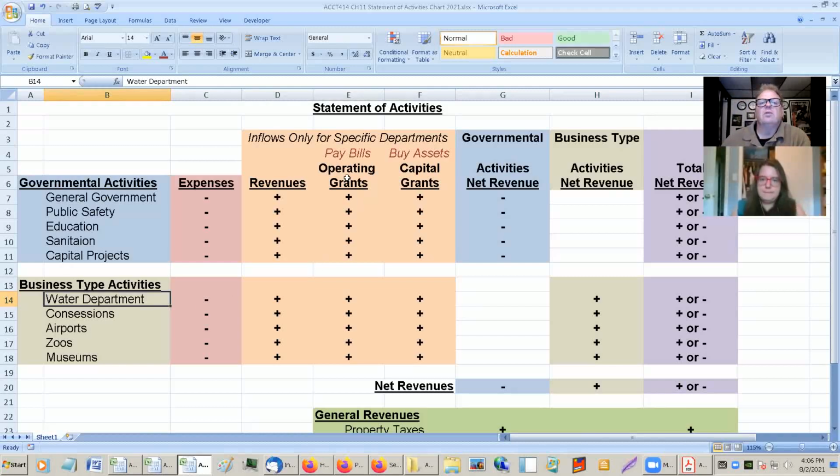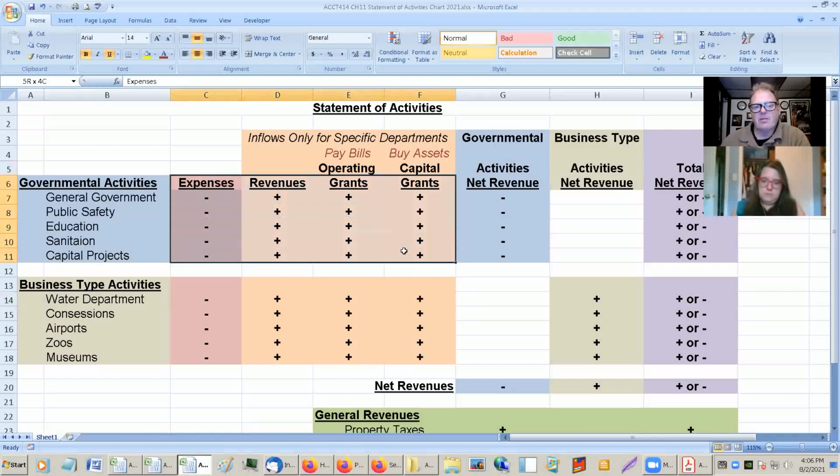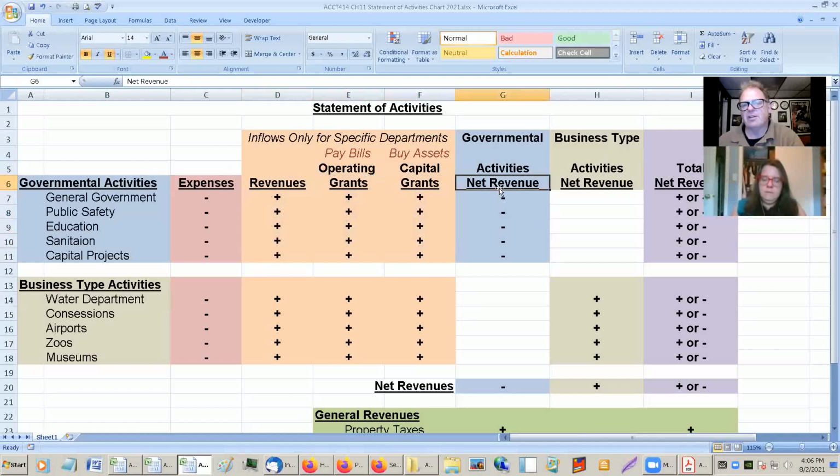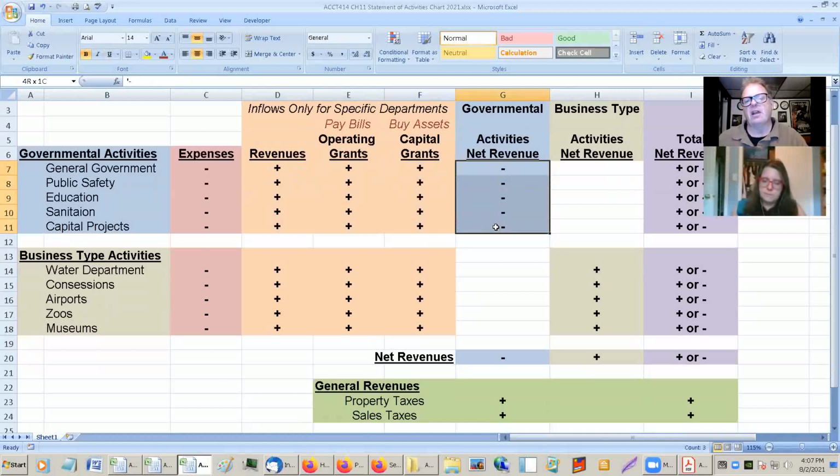Okay, so once we get the expenses for the specific departments and we get all the revenues to cover it, again, expenses first, revenues second, and these are kind of like revenues too, money coming in. So once we get the expenses and the money coming in, then we do what we call the net revenues. And usually those are negative for governmental activities.